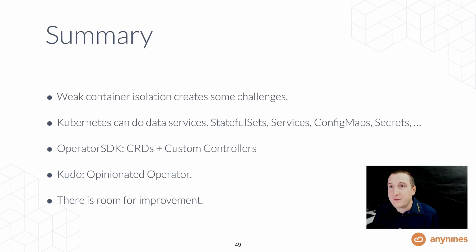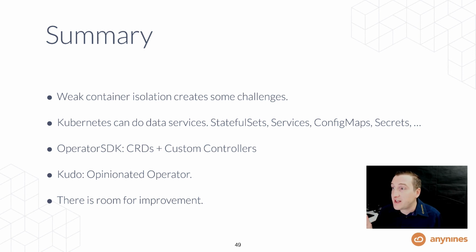All right, so summing it up, we need to keep an eye on the weaker container isolation, as this creates some challenges that can be mitigated but create additional overhead in the automation. For example, host affinity, anti-affinity, taints, and so on. Kubernetes can do data services. There are resources for that.